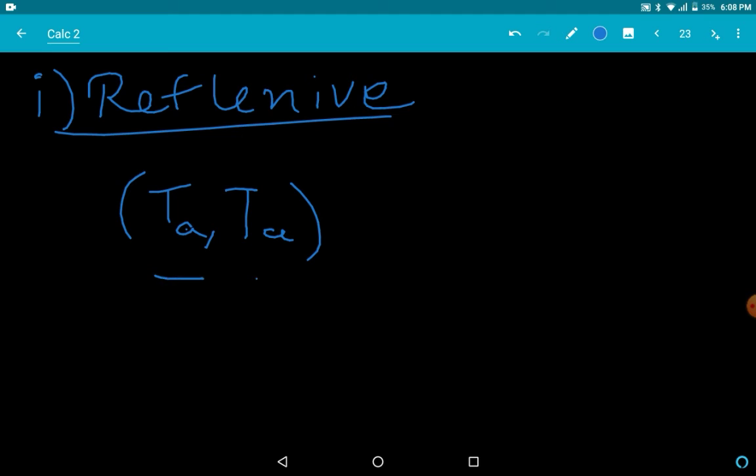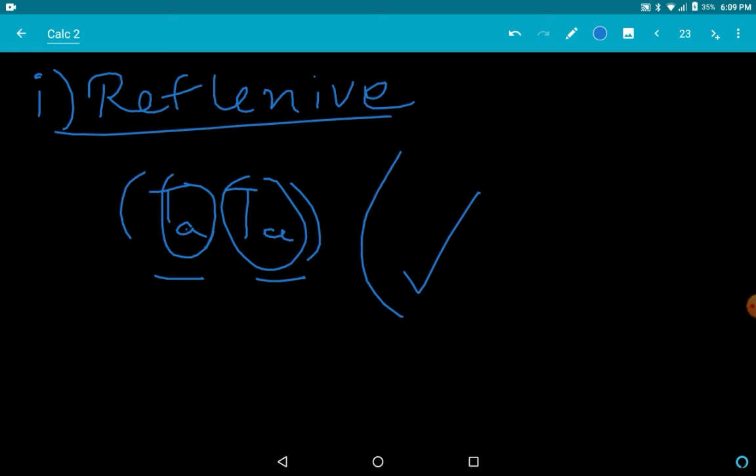Tell me something, is Ta congruent to Ta? Is a triangle congruent to itself? Yes. So for all such Ta it will exist in the relation, so it is reflexive.